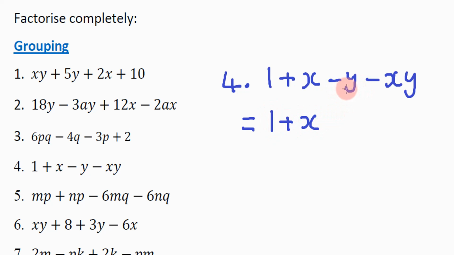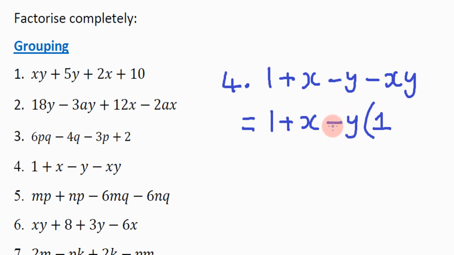Now we look at the last 2 terms. We can see there's a common factor of y in the last 2 terms. There's a minus in front of the first y, so I'm going to take out negative y. Then negative y into negative y once. When we multiply back in, we multiply negative y by 1 and we get back negative y.